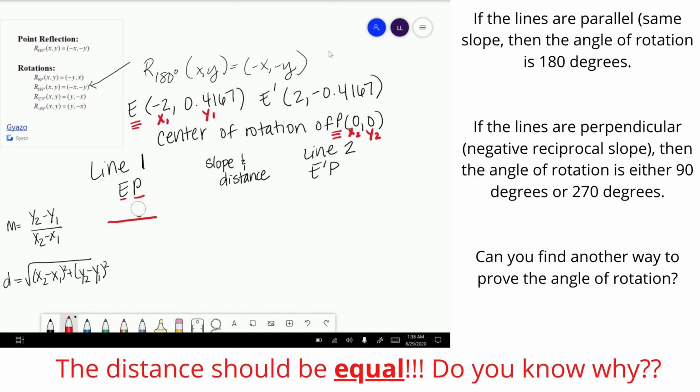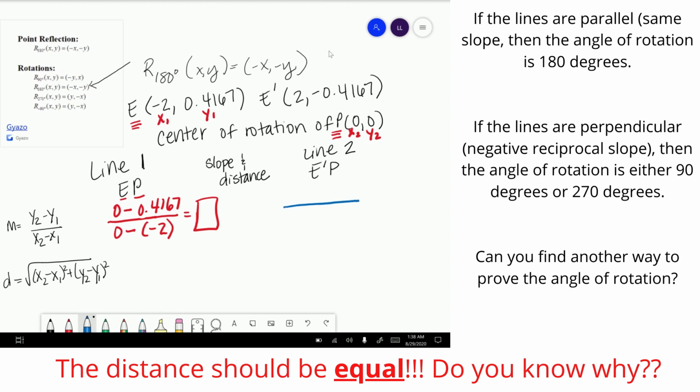I forgot that goes on top. Okay, so here we go. Y2, which is 0, minus 0.4167, which is Y1. And then in the denominator, we're going to do X2, which is 0, minus -2. And then we're going to find that number right there. I'm not going to work it out because I want you to work it out. Make sure that you understand what you're doing.